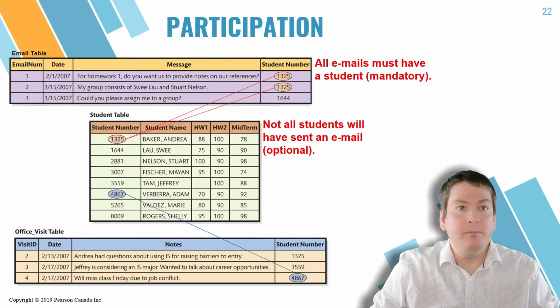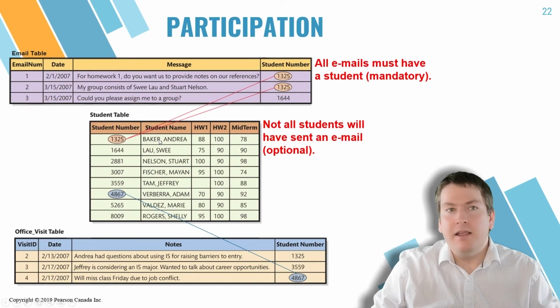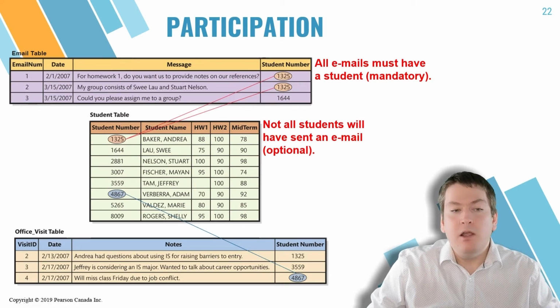When looking at this email and student example again, specifically the relationship between the student table and the email table, we can see that the student is optional in the sense that it doesn't have to participate in this relationship, whereas the email is mandatory. Why? Well, a student is not required to have an email.